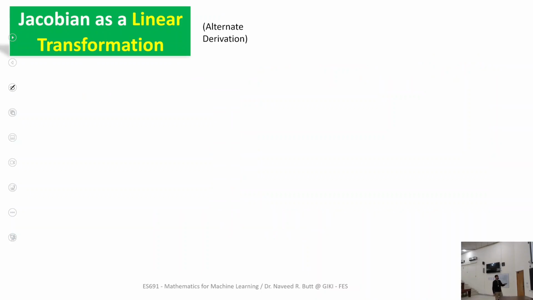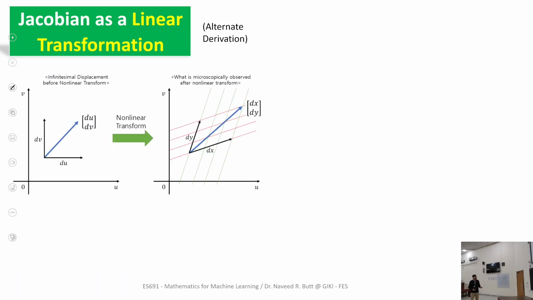So in that sense, since we like linear transformations from vector algebra, we try to see an alternate derivation of the Jacobian. You see, okay, there was something du dv and it was non-linearly transformed, but if you look at it macroscopically, very small section में देखेंगे so it can be represented as a very small linear transformation. We will call that dx dy.